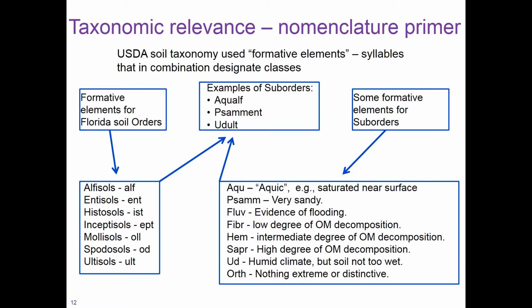Ud for humid moisture regime or humid climate, but the soil is not too wet, otherwise it would probably meet the aqua criteria for poorly drained. And orth or orthent meaning nothing extreme or distinctive.